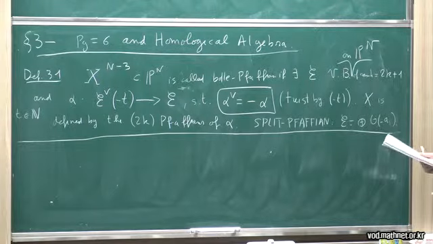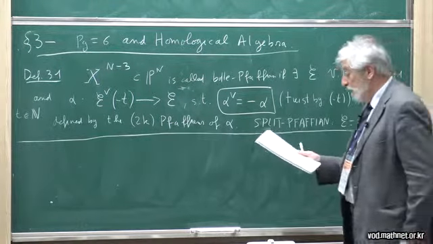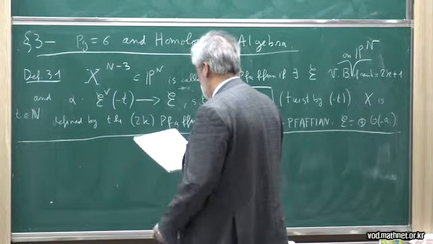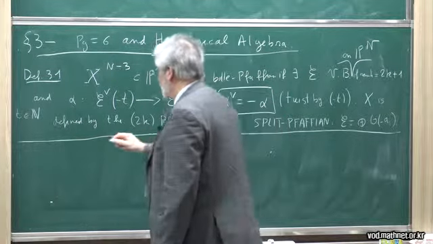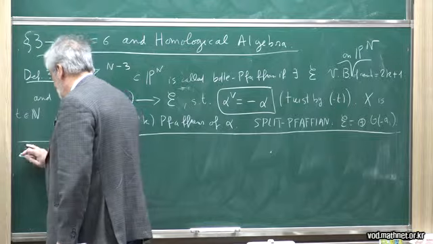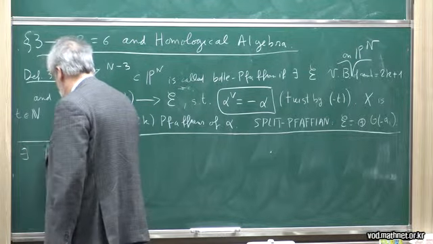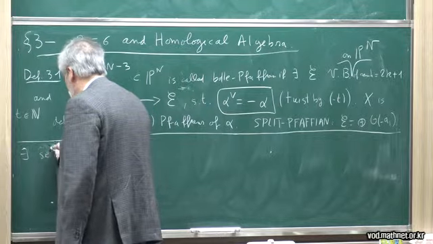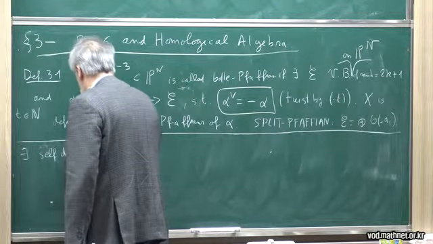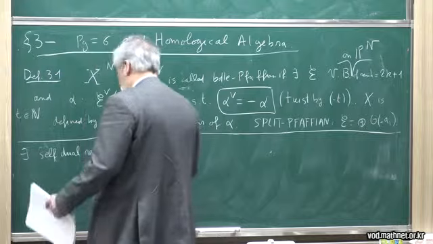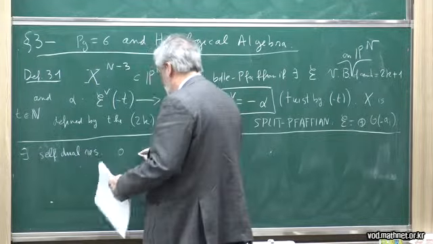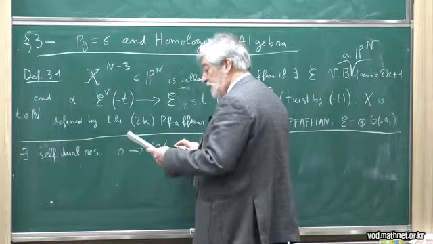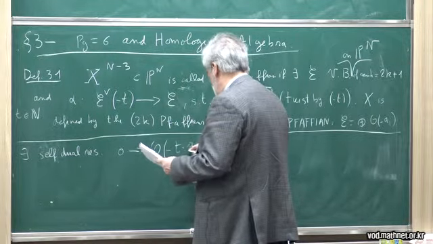Okay. In general, there is a resolution, a self-dual resolution, 0 goes to O minus T minus 2S.